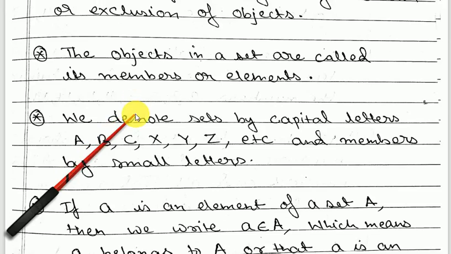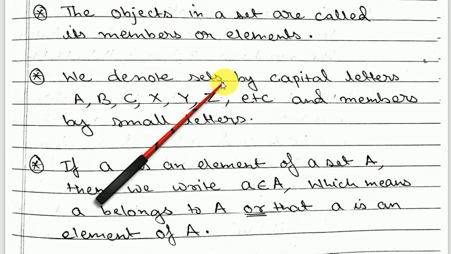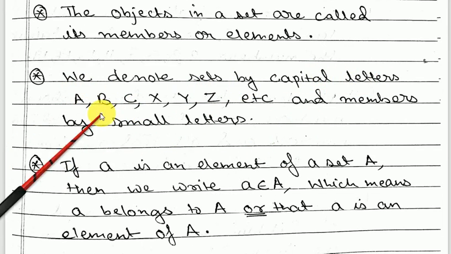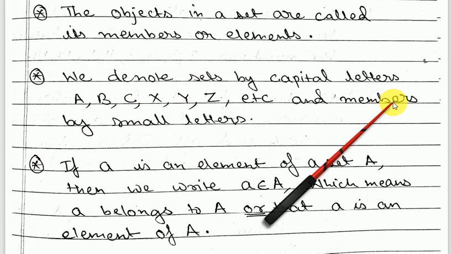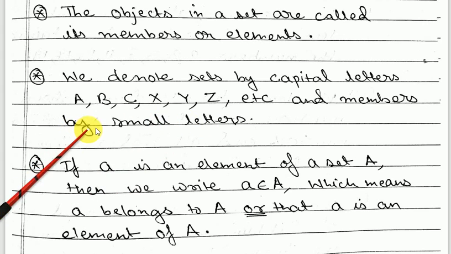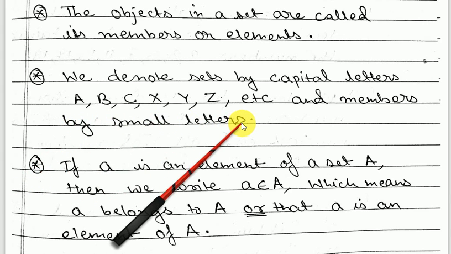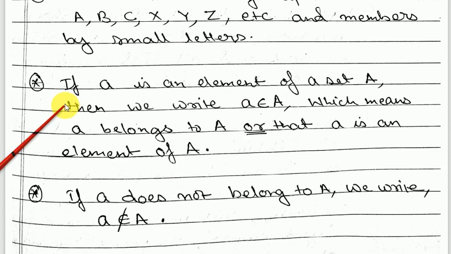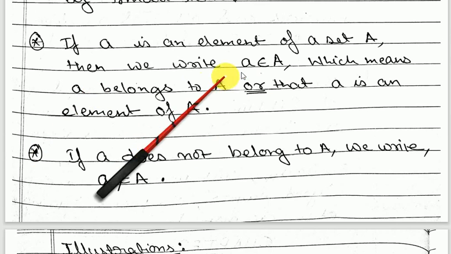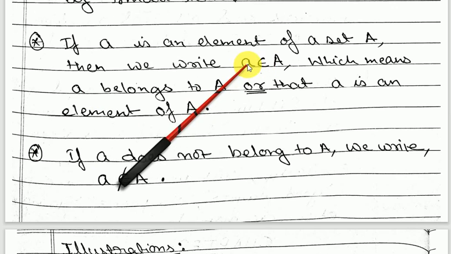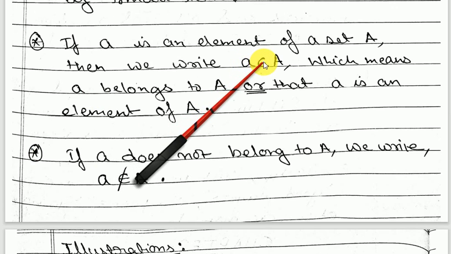Next, we denote sets by capital letters such as A, B, C, X, Y, Z, etc. And members, or you can say elements of the set, are denoted by small letters. Next, suppose there is an element a which is in set A. So we write it in this manner, a, and this symbol means belongs to.